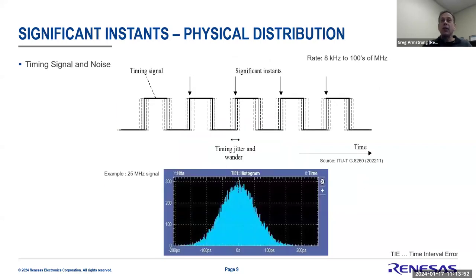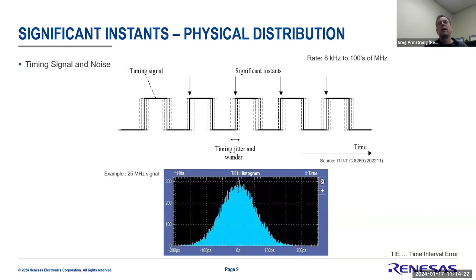So one of the challenges when you start doing physical distribution is, although you're trying to find what we would call the significant events, they never will occur exactly at the same time because there's always something that's going to have some influence on it. Going over the physical layer, if you're going over long distances, the signal over distance will get attenuated. So you won't get a nice, fast rising edge. There might be variations on that edge.